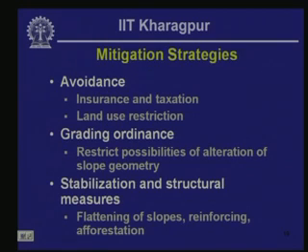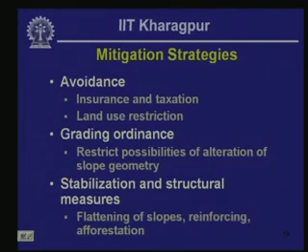Mitigation strategies include avoidance. So, if you have an area which is characterized by large likelihood of landslide, or is highly hazardous with respect to landslide hazard, you avoid that area for any development or construction. Avoidance could be ensured by requirements for carrying property insurance, taxation for developing an area, and land use restrictions.